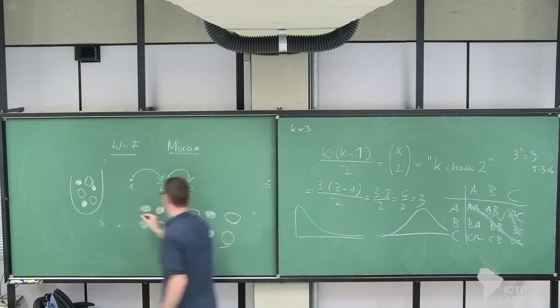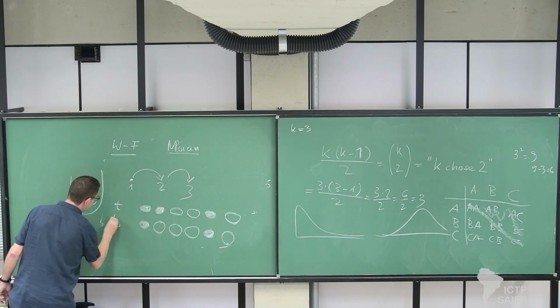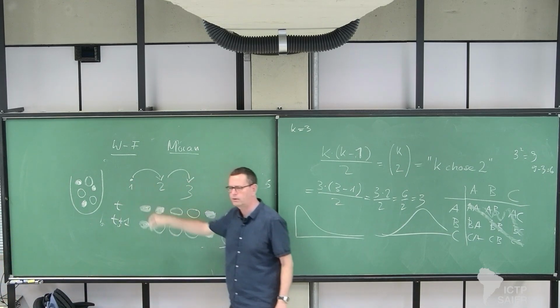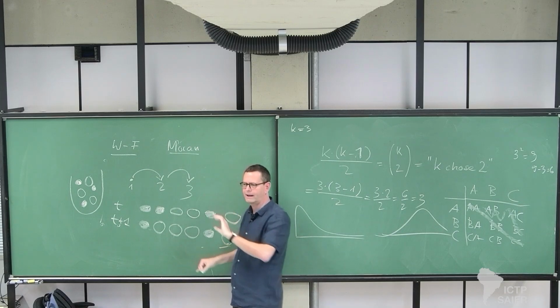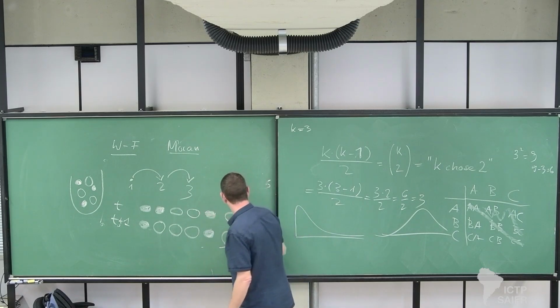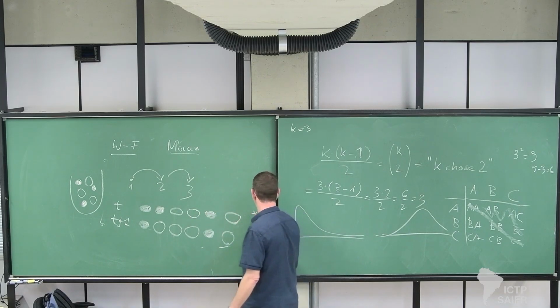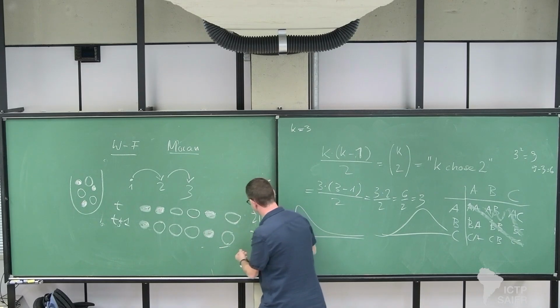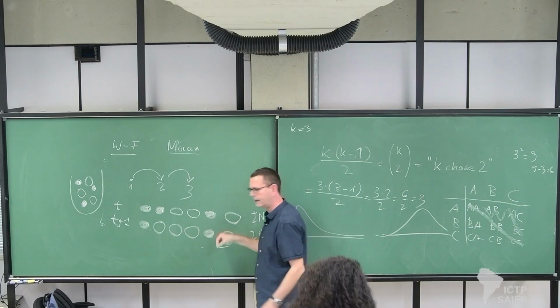This is generation T. This is generation T plus 1. So I'm now looking forward in time rather than backward in time. This is like the coalescent upside down. Here I have 2n allele copies, and in the next generation, my task is to again have 2n of these, right?